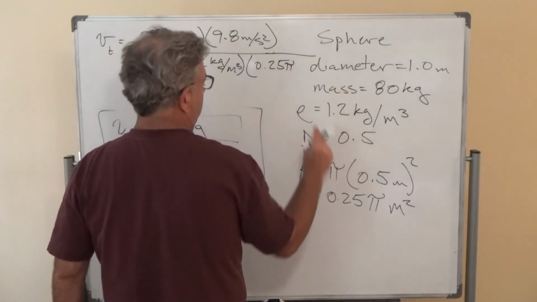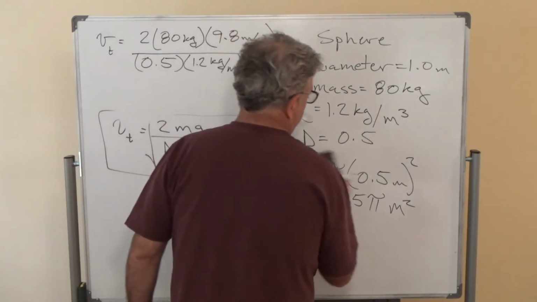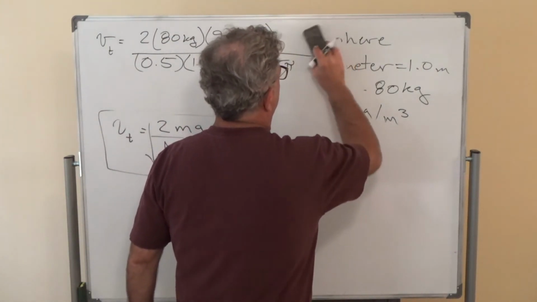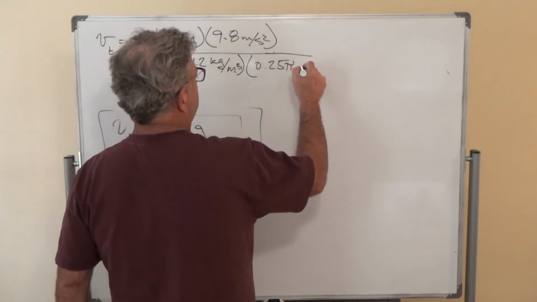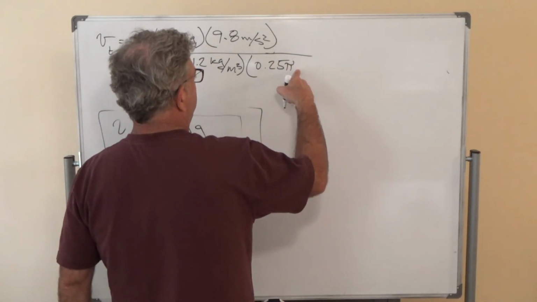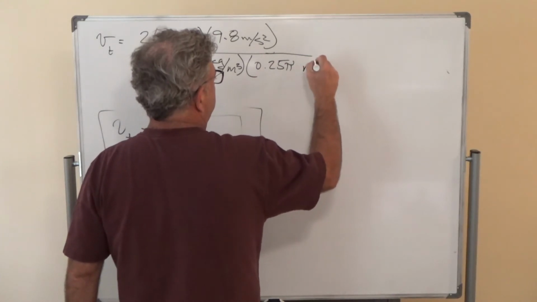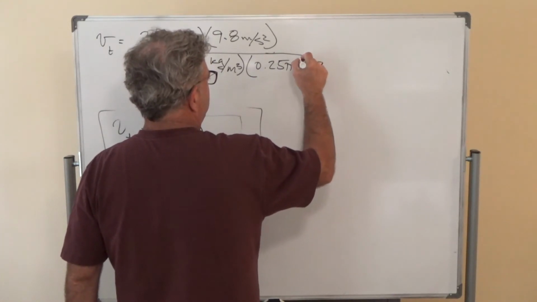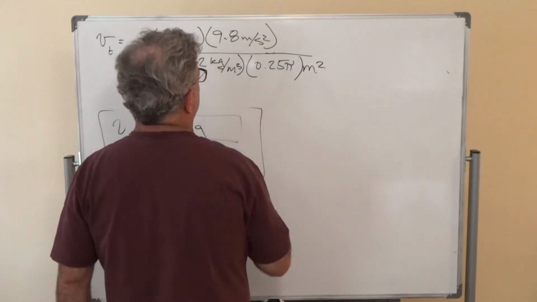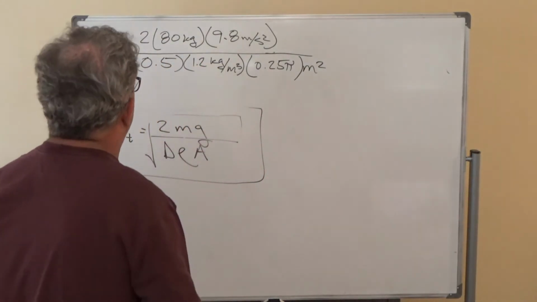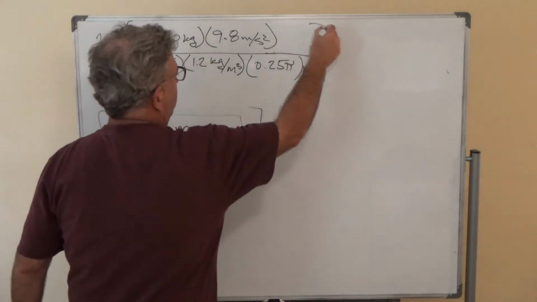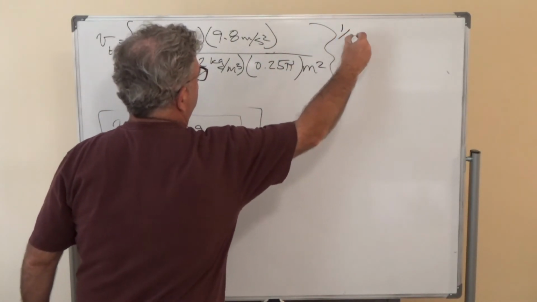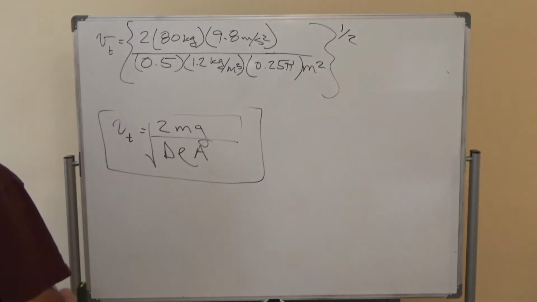So I can erase this. What's the units here? Oh, meters. What did I have down there? The square meters. Okay. To the unit, and all of this to the 1/2.